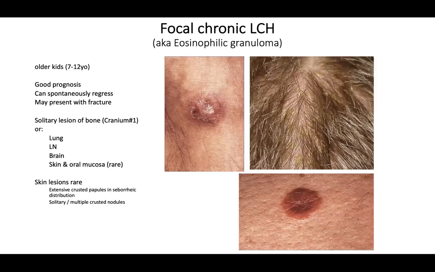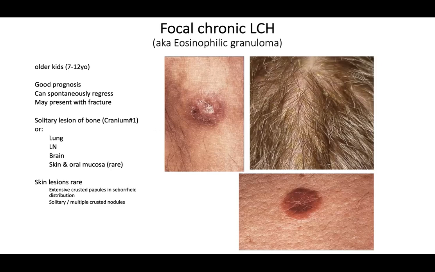Focal chronic Langerhans cell histiocytosis is also known as eosinophilic granuloma. This occurs in older children, 7 to 12 years of age. It does have, thankfully, a good prognosis, and they can spontaneously regress. They may present with bone fracture, and that's because you can have solitary lesions of the bone.